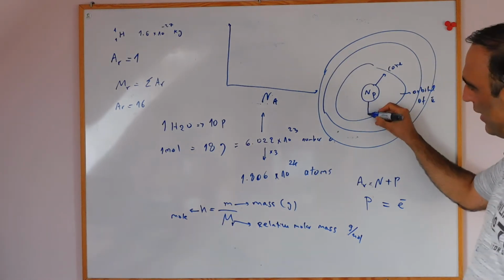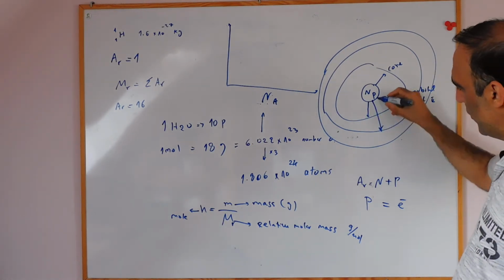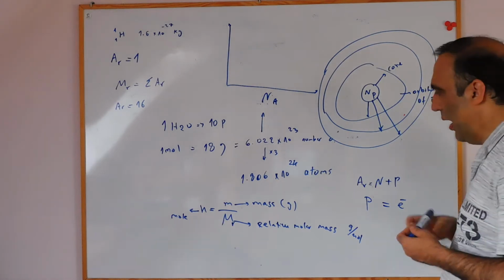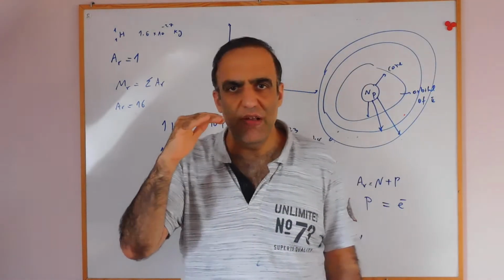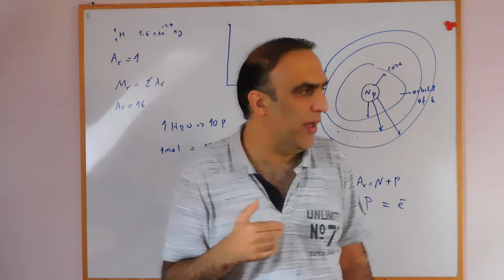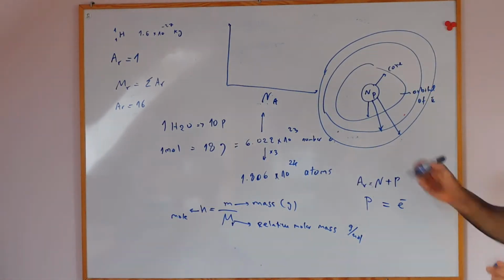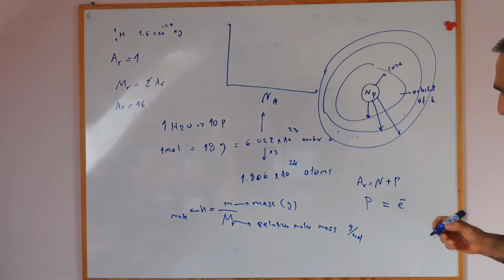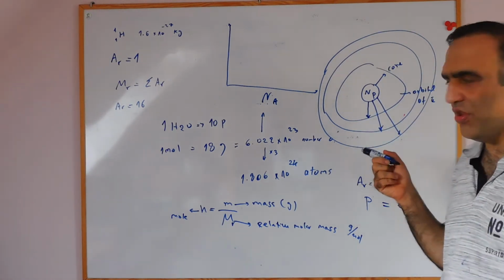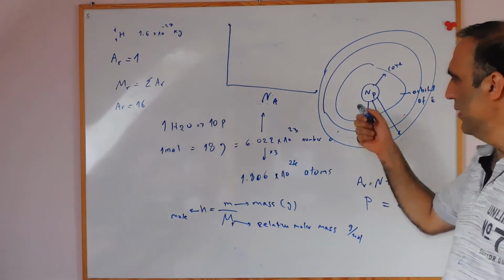If it goes far from the core, the energy level goes up, and we will have a higher energy. The first level here, as you see, has the highest energy because it's very close to the core.